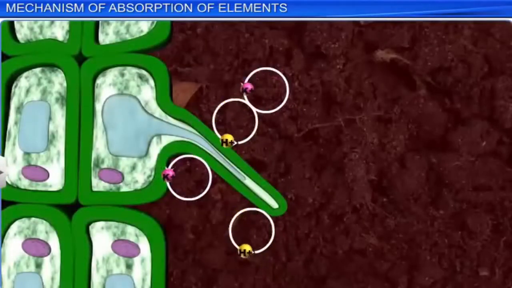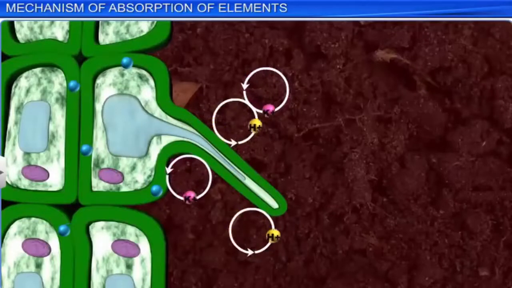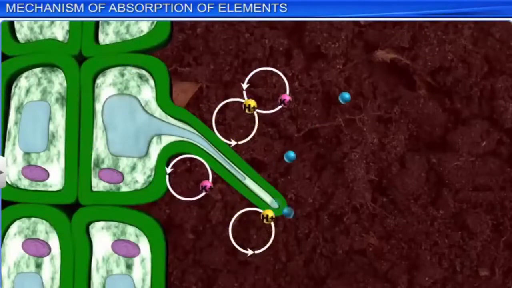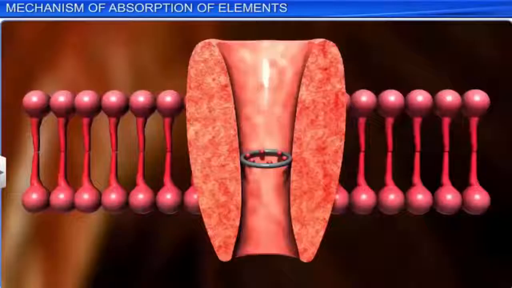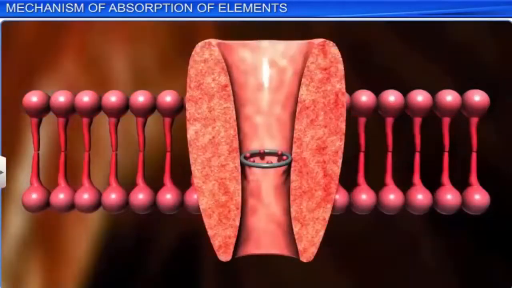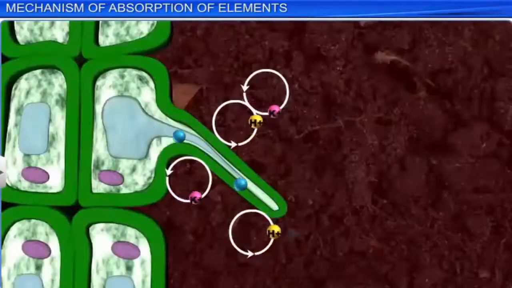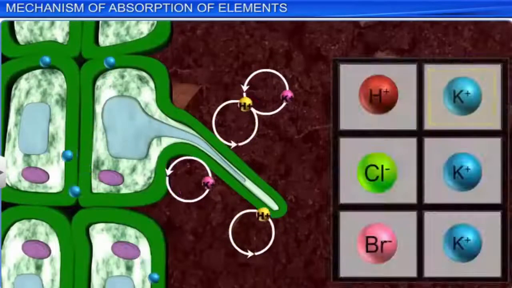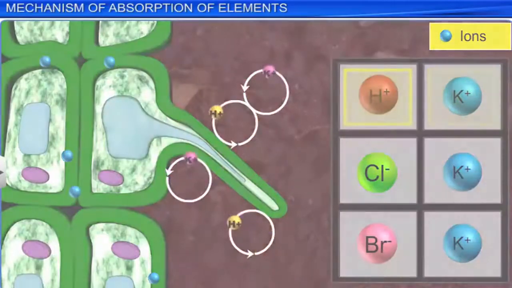Cations and anions have the tendency to get absorbed into the root cell wall. These ions get exchanged with the ions in the soil solution. The transmembrane proteins in the ion channel function as selective pores. For example, K+ can be exchanged with the H+ ions from the cell.